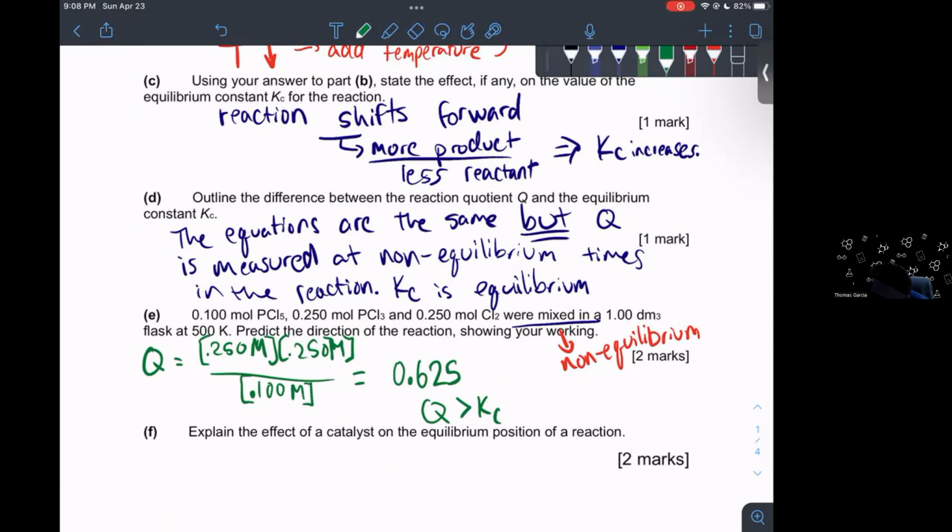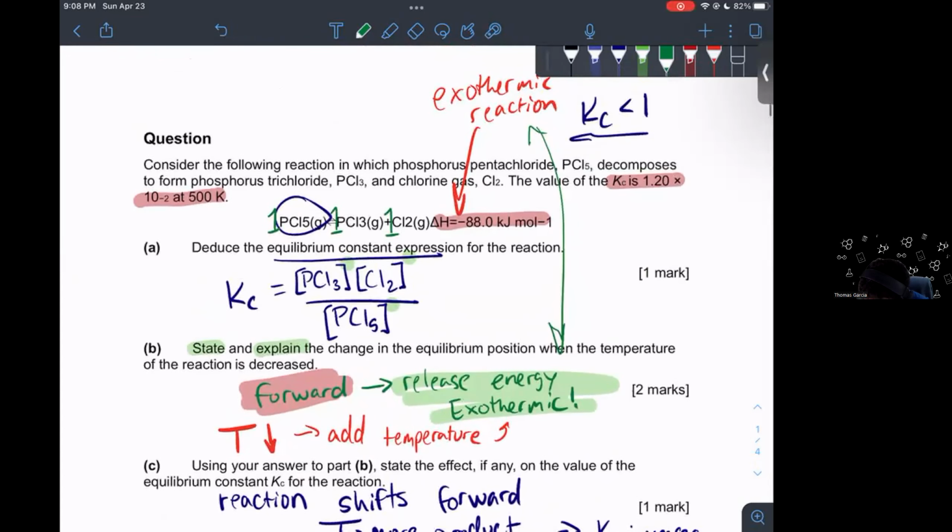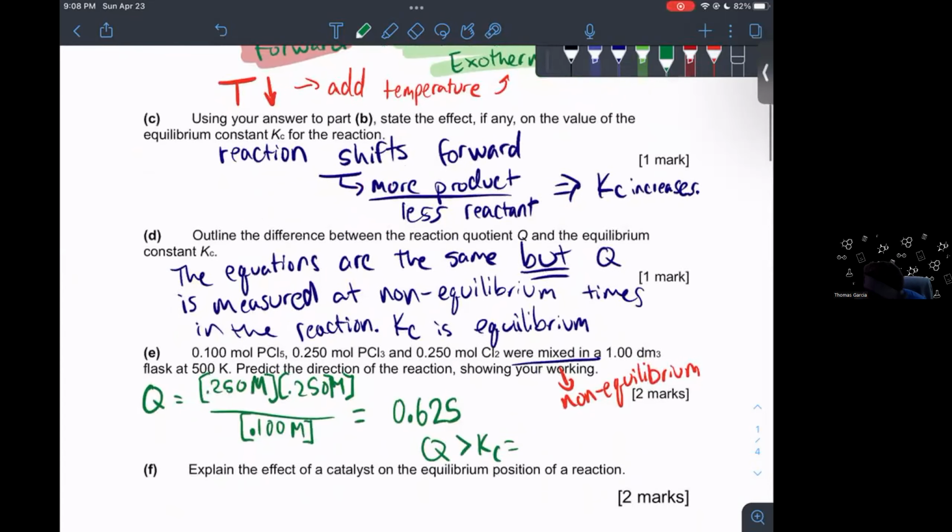So if Q is greater than Kc, and just a reminder, Kc was mentioned at the top as 1.2 times 10 to the negative second, or 0.012, then we know that this reaction will shift left.